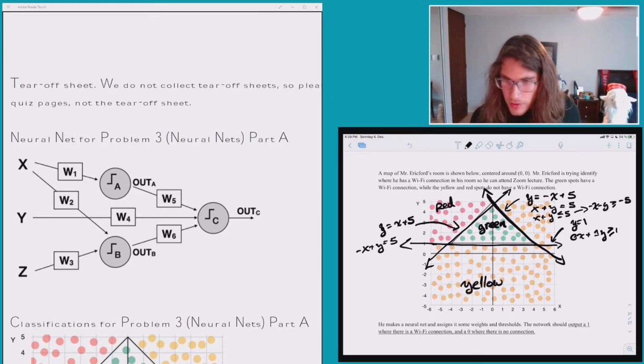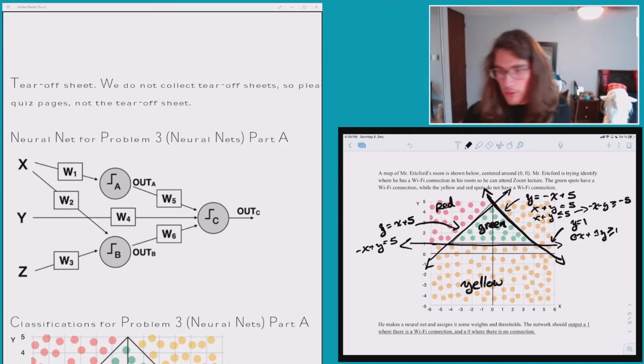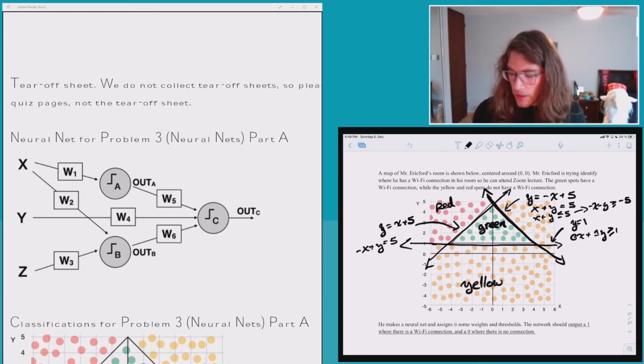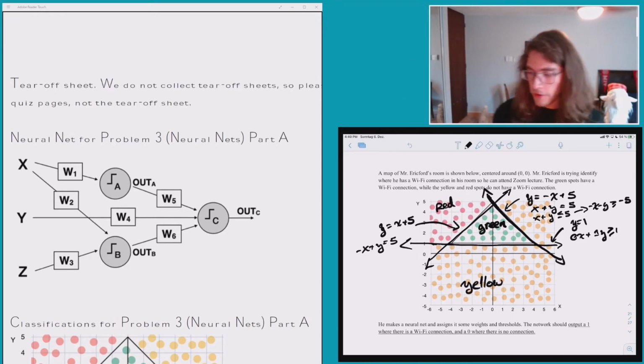It's a little bit tricky whether I would do greater than or equal to or less than or equal to 5. I'm not going to say whether it's greater than or equal to or less than or equal to yet. I'm going to figure it out by using the other two lines, of whose inequalities I am sure.